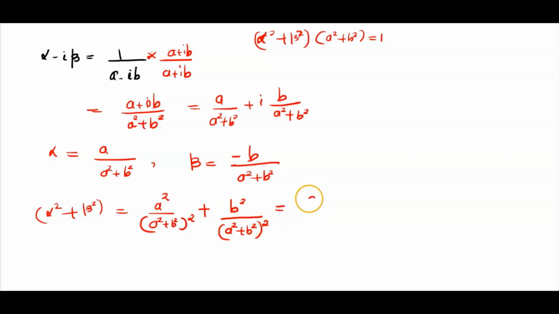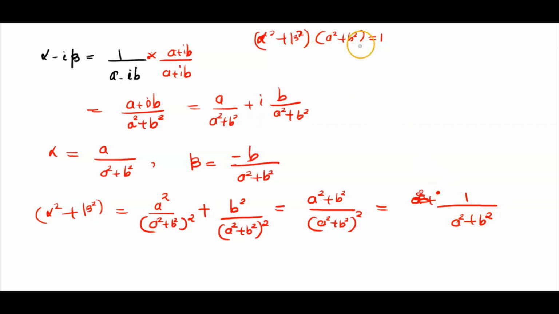So clearly this is a square plus b square divided by a square plus b square whole square. Denominator is common, a square plus b square whole square, numerator a square plus b square. So one a square plus b square is cancelled from numerator and denominator. So we get 1 by a square plus b square.